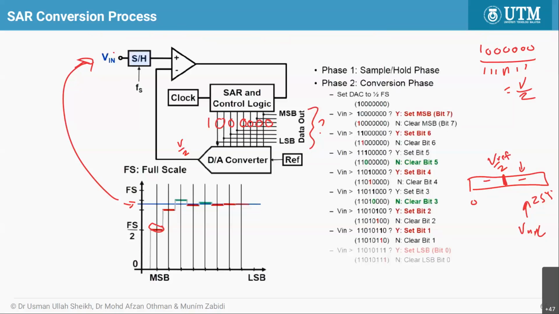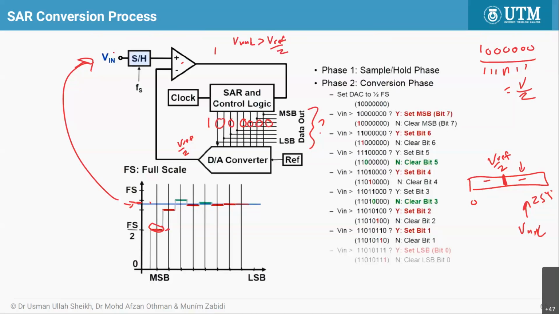So the controller logic will output Vref by 2 and you compare. So this is a comparator. Your voltage is the blue one, and Vref by 2 is the red one. So here we'll give 1. That means your V unknown is greater than Vref divided by 2.